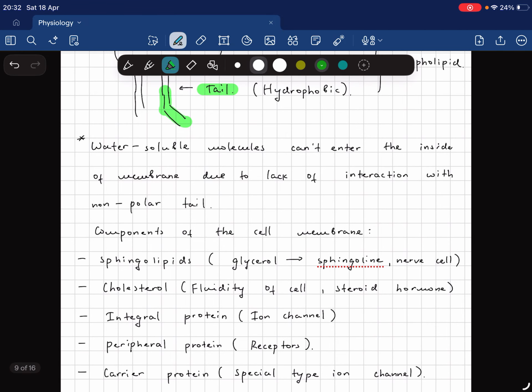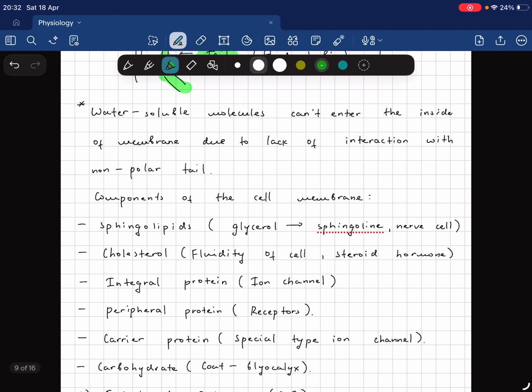Now, next, water-soluble molecules can't enter the membrane due to lack of interaction with the nonpolar tail. There is a saying in English that likes dissolve likes, which means that only polar molecules dissolve in polar solvents, and non-polar solvents dissolve in non-polar solvents only.